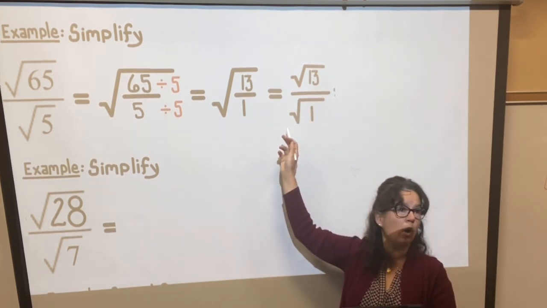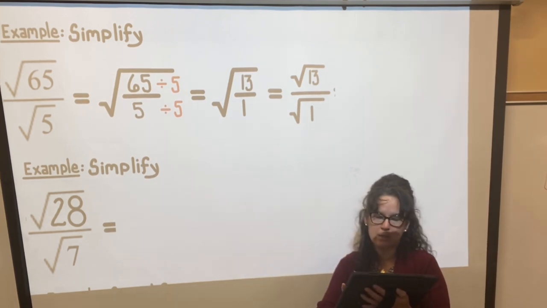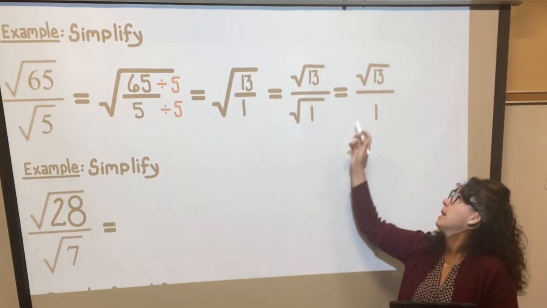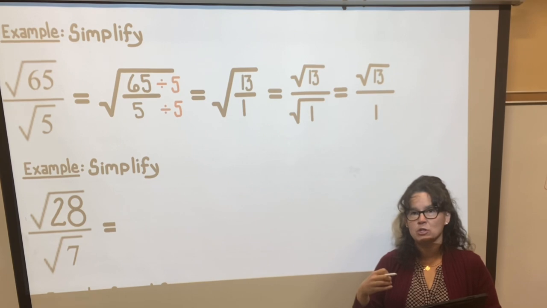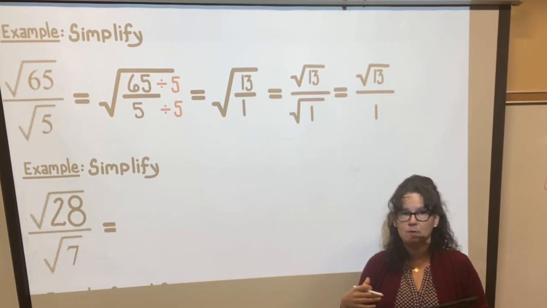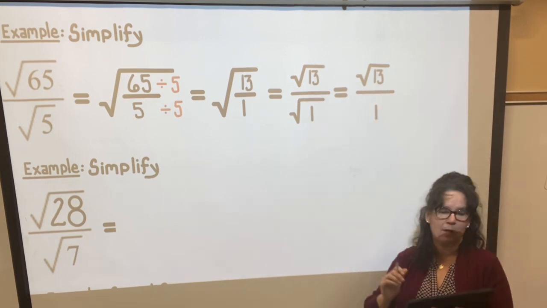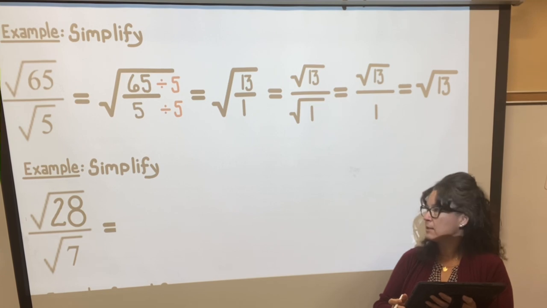But the square root of 1 times 1 is 1. So the square root of 1 is 1. And if you take any number and divide it by 1, you get the original number. Like 10 divided by 1 is 10. 15 divided by 1 is 15. Square root of 13 divided by 1 is square root of 13.